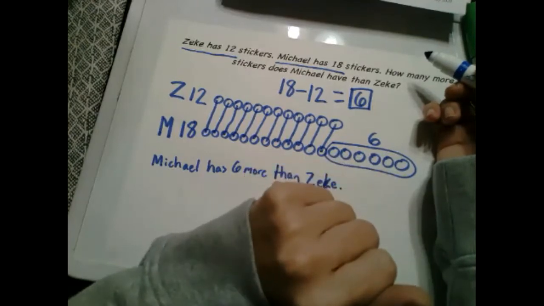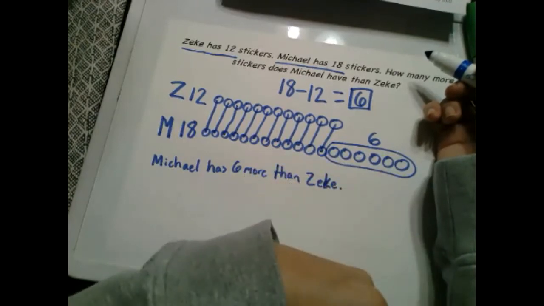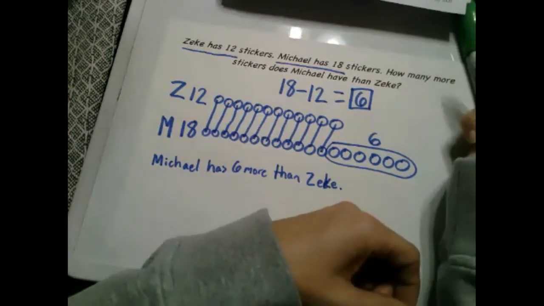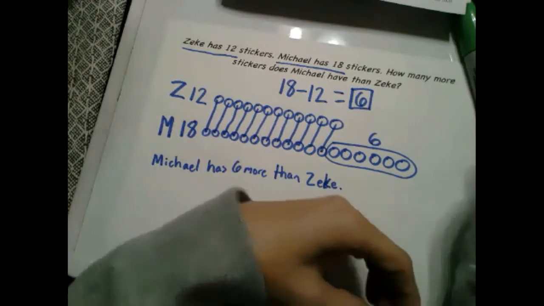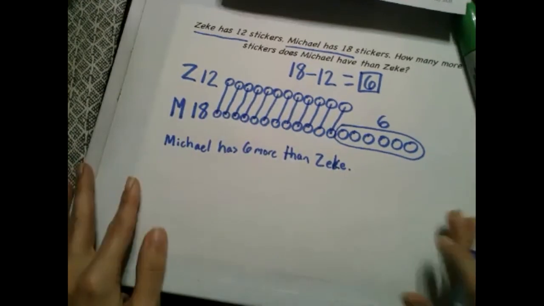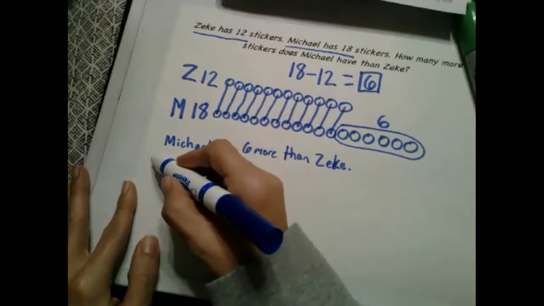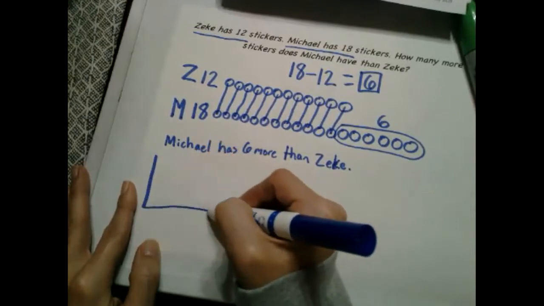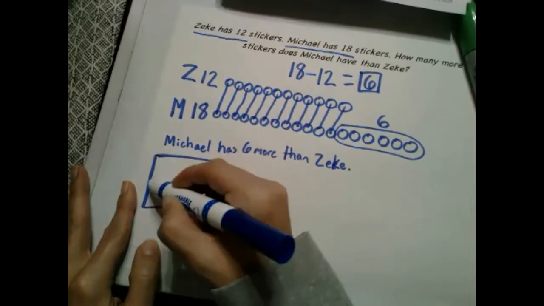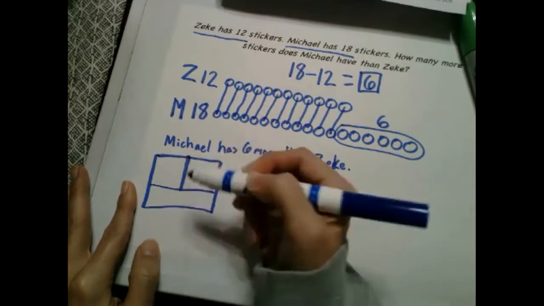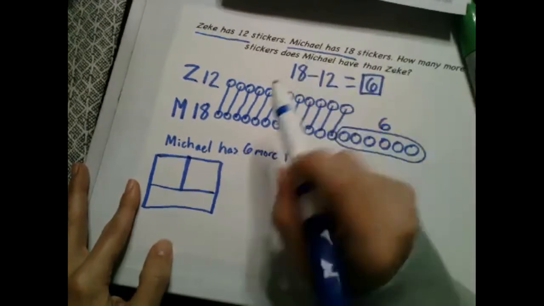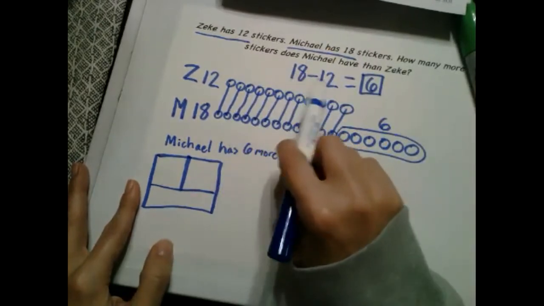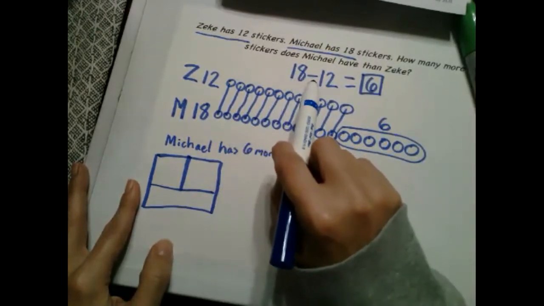Now, if we look, we learned some other strategies as well, didn't we? We learned that we could also use a part-part whole to help us. So let's go ahead and think about a part-part whole model. If I were to use a part-part whole model, I know that I'm not going to be adding the numbers together. I want to compare.